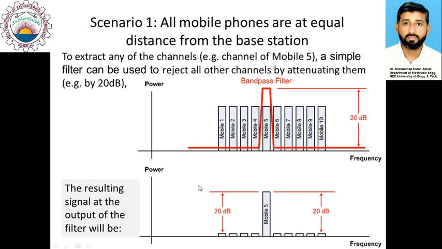So eventually the overall spectrum would look somewhat like this, where you have a significant amount of power at mobile number 5, but all other powers are reduced to a significantly low level, and they will not cause any significant interference, although this small power could have a certain interference effect. But so far we assume that this 20 dB is sufficiently low that it does not have a significant effect.